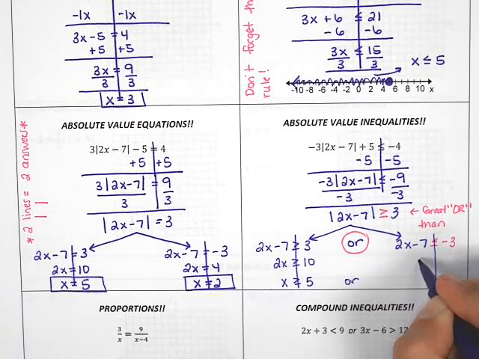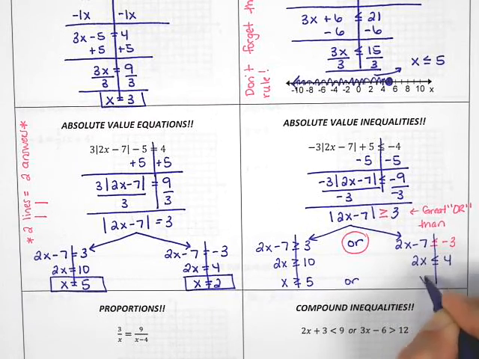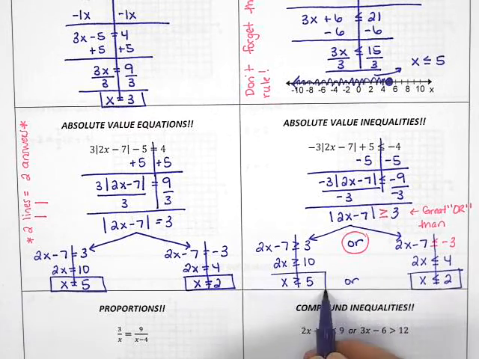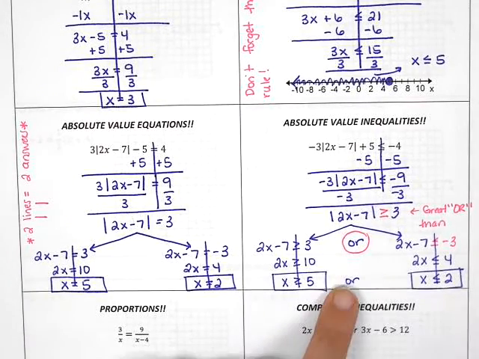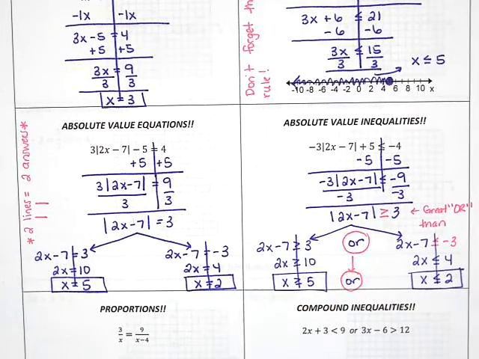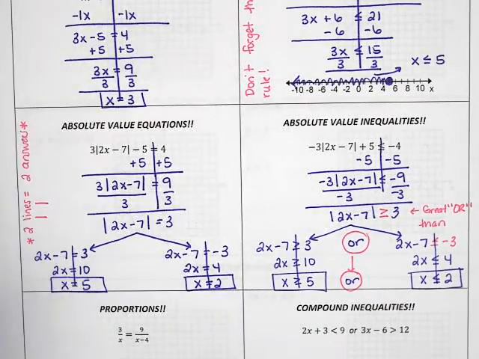Or, if I add 7, 2x is less than or equal to 4, and if I divide, x is less than or equal to 2. So we have two separate answers with the word or in the middle. Now on a number line, we would graph out for that type of a graph, whereas for a less than sandwich, we would graph in the middle.